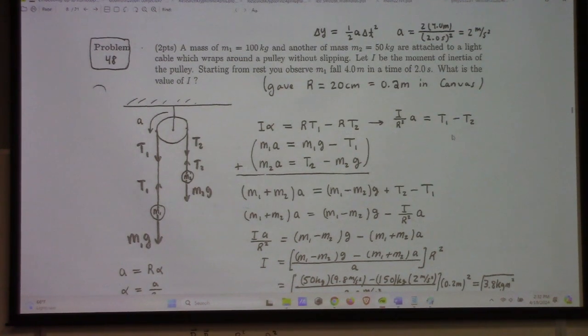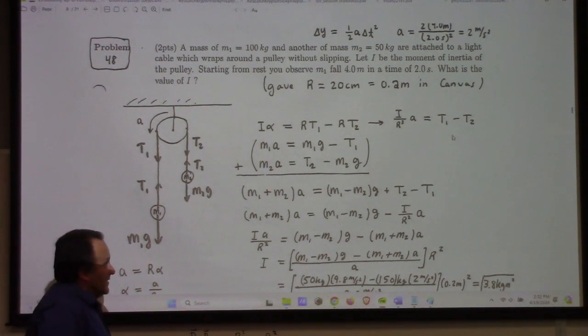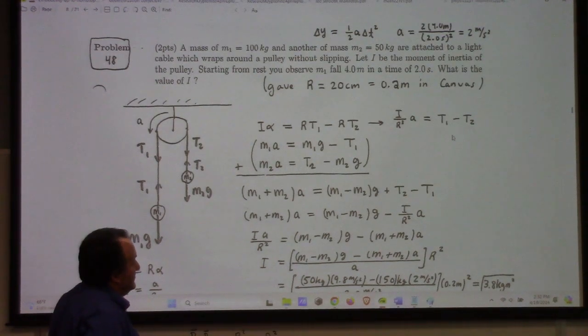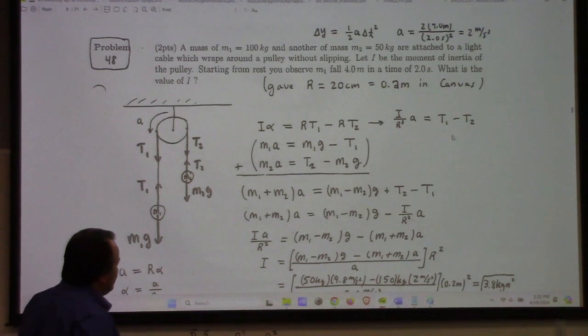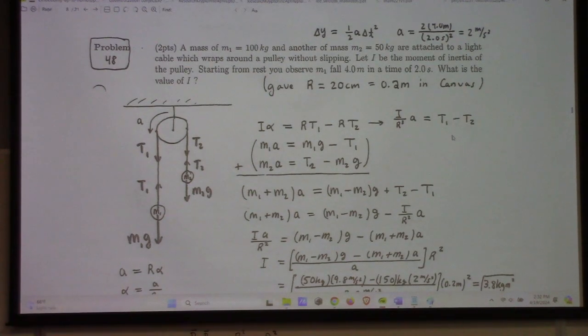I chose to go the dynamical route, solving Newton's equations and such. Anyway, are there any questions about this? I think we've talked about this one in class before.